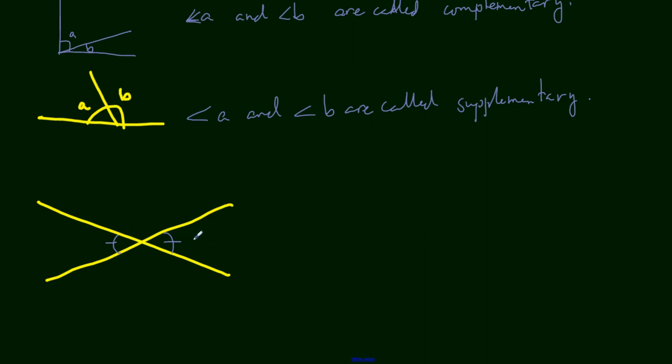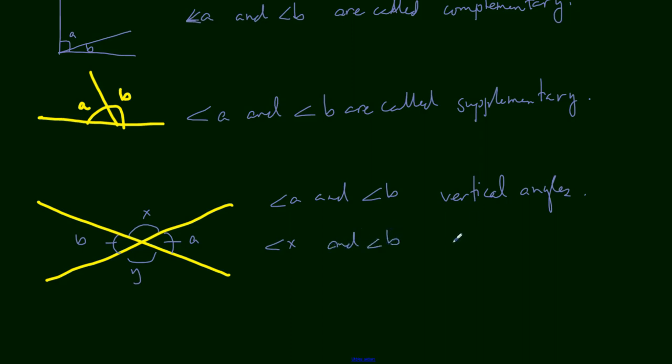If this is A and this is B, they are called angle A and angle B are vertical angles. If I have another pair, let's say X and Y, angle X and angle Y are also called vertical angles.